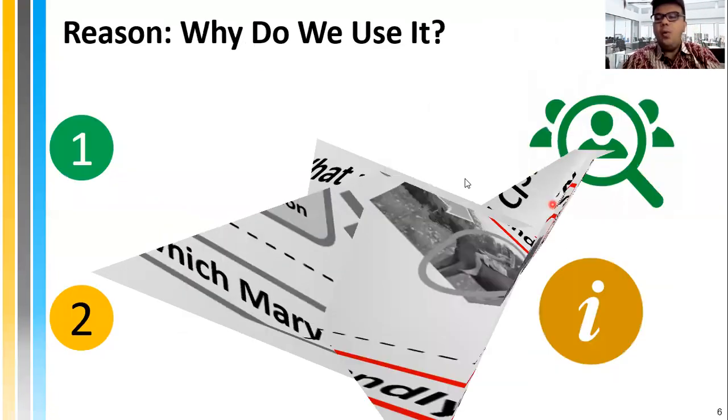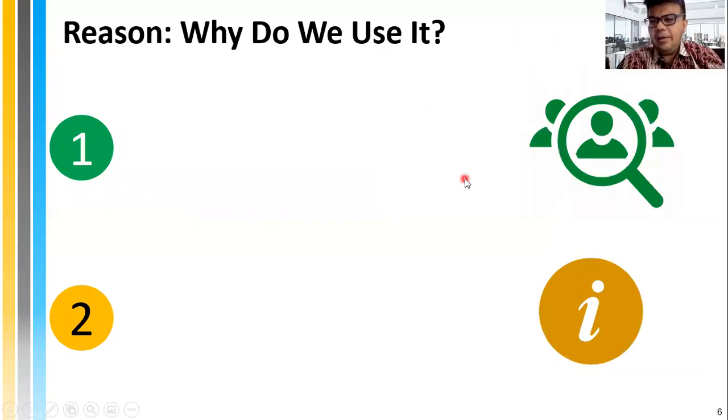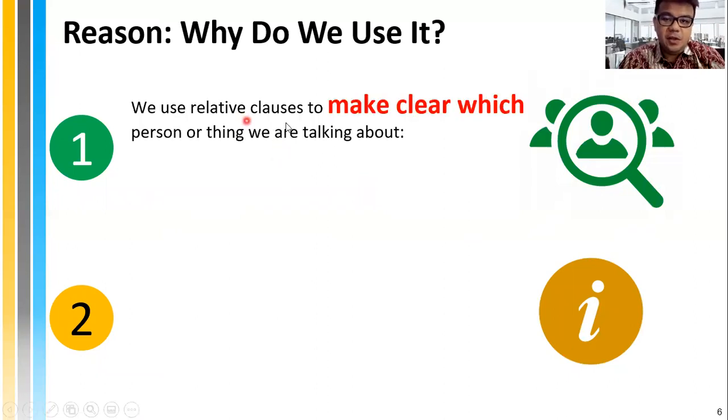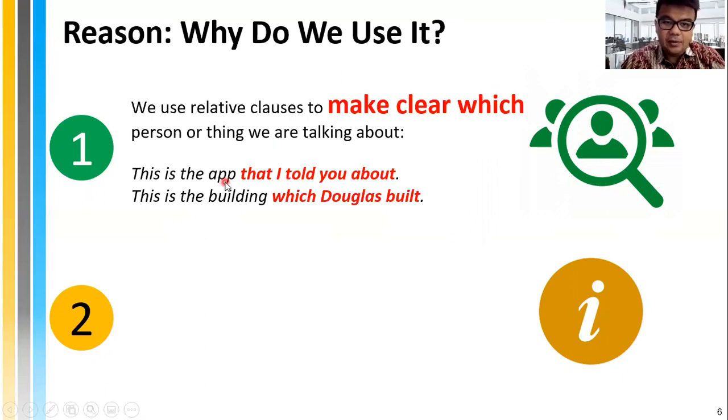All right, so why do we use relative clauses, like which, that, who, where, etc.? Two reasons. One, we use relative clauses to make clear which person or thing we are talking about, to clarify things. Example: this is the app. What app? Which app? I'm confused. Oh, the app that I told you about.